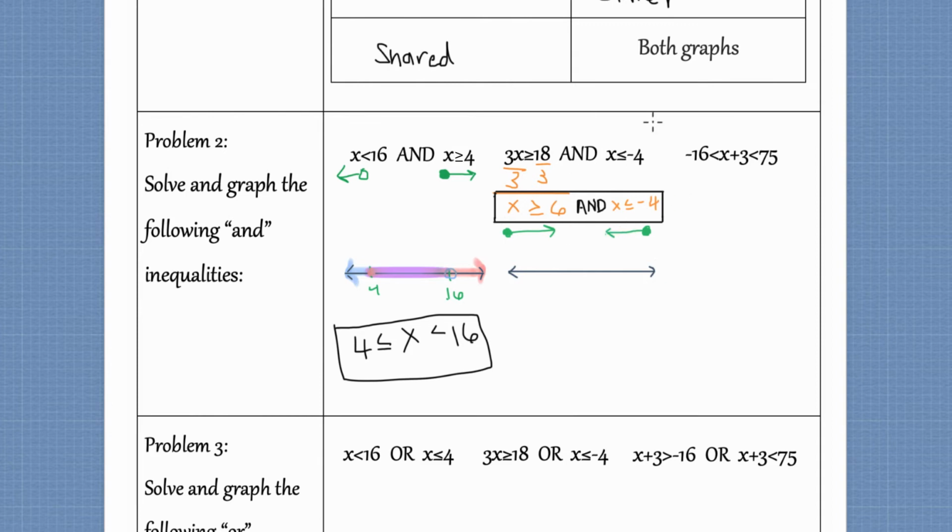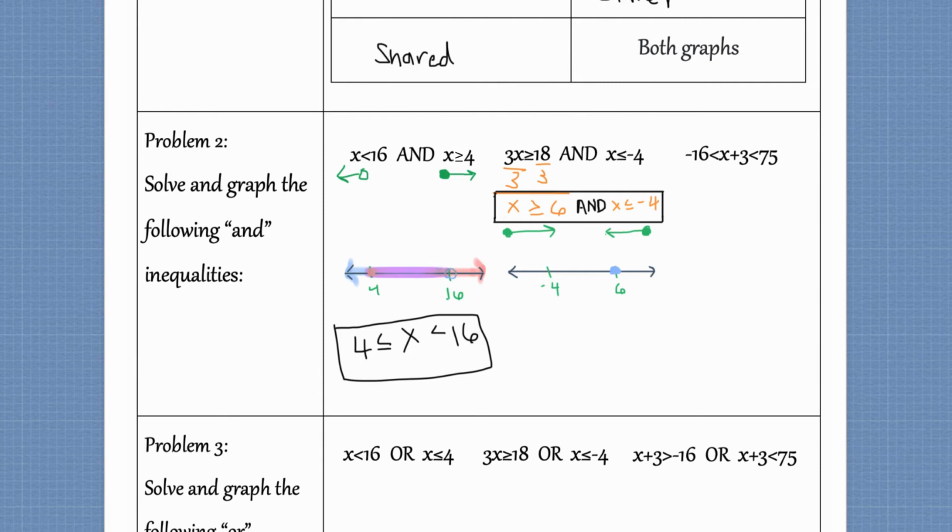So now let's graph this. Let's say we have -4 at this point right here, and we have 6 at this point right here. So we're going to graph x is greater than or equal to 6 first, and we said that we have a closed circle at 6, and our arrow is pointing to the right.